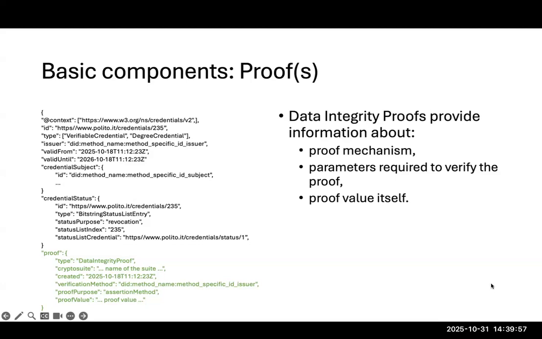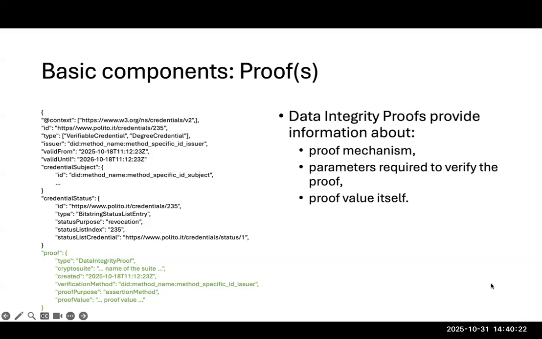In this slide, you can see immediately that the metadata are on the top, from context to valid until. We can consider metadata also the credential status, that is the properties used to deal with the revocation or suspension of the verifiable credential.